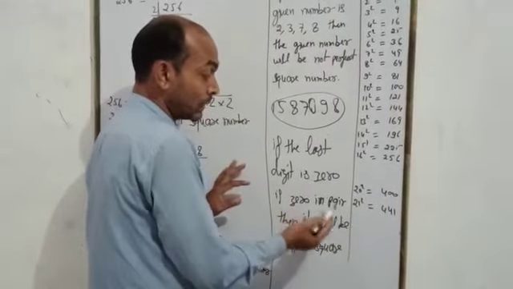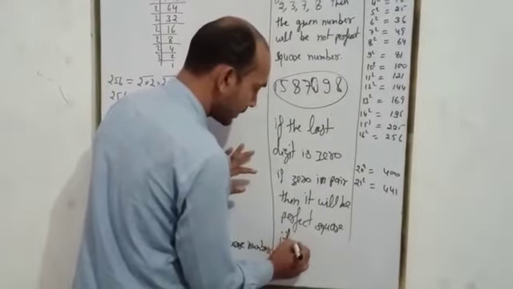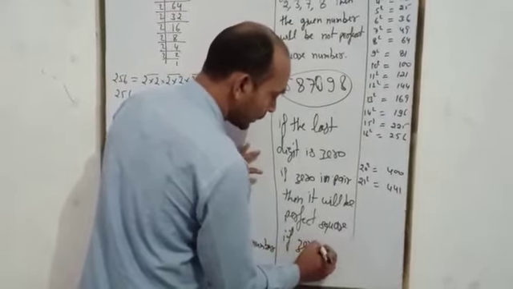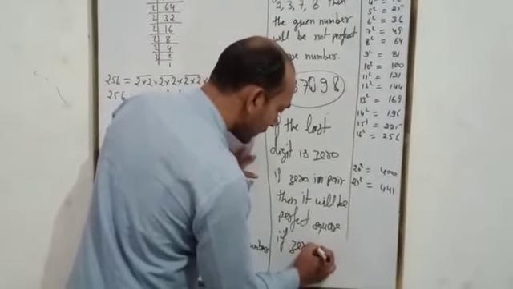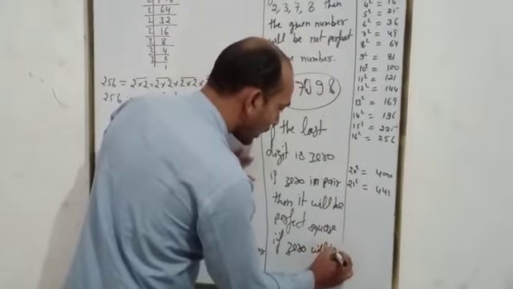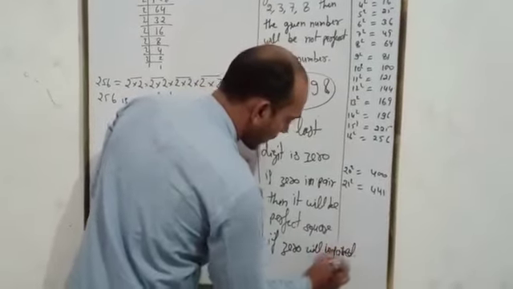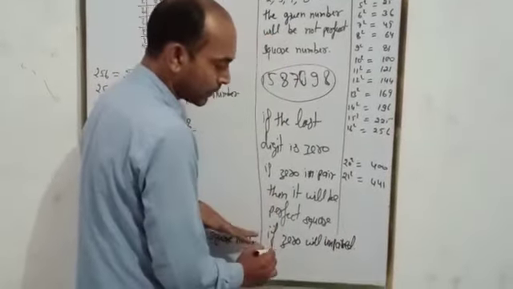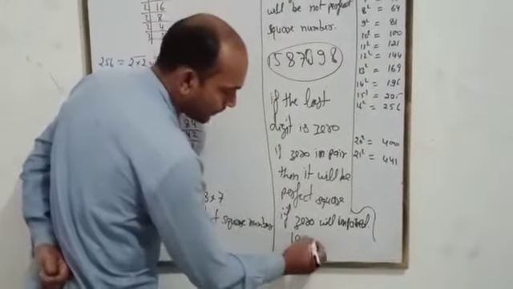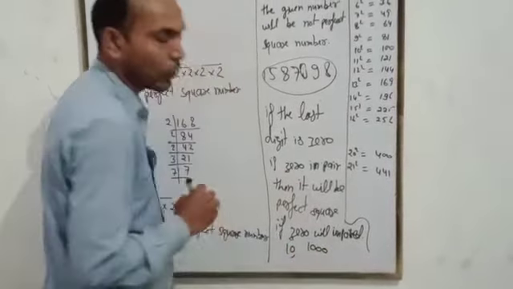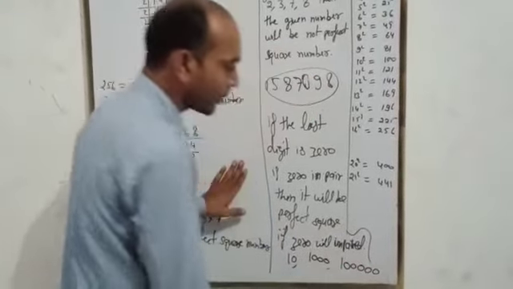But if the 0 is unpaired, then the given number is not a perfect square. For example, 10 is not a perfect square, 1000 is not a perfect square.